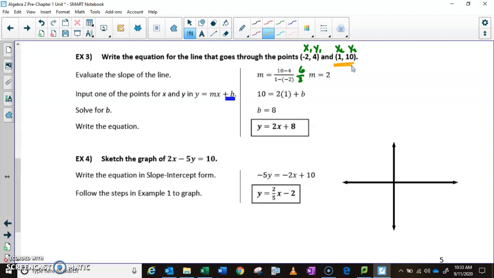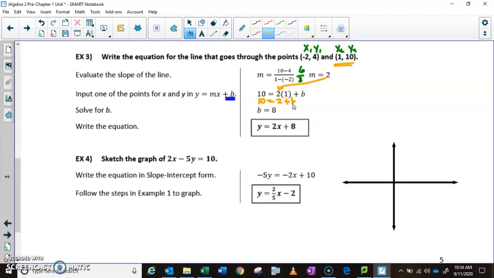So the y value is 10, the slope we just calculated is 2, and the x coordinate from the point is 1. Now we can solve for b. So 10 equals 2 plus b. We'll subtract 2 from both sides, and we'll get the y-intercept, b, to be 8. So now we have a slope of 2, a y-intercept of 8, and y equals 2x plus 8.